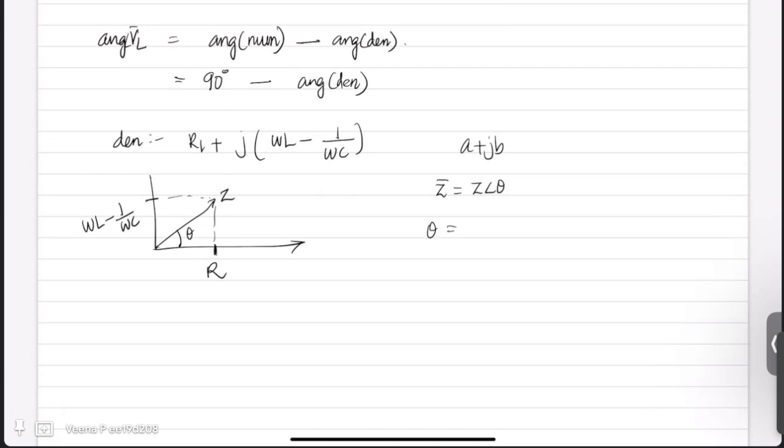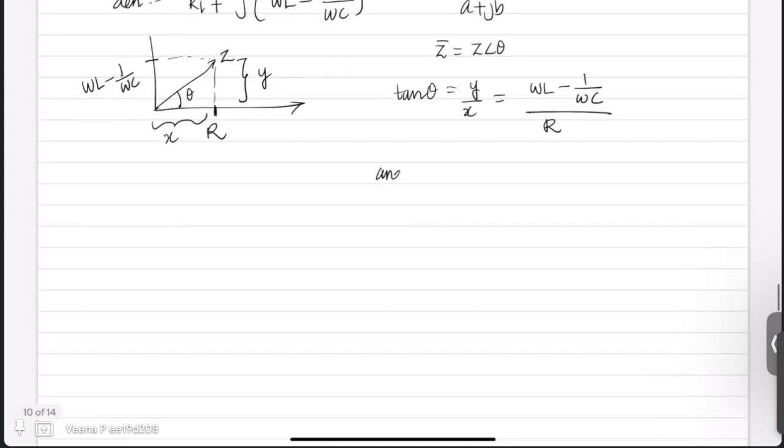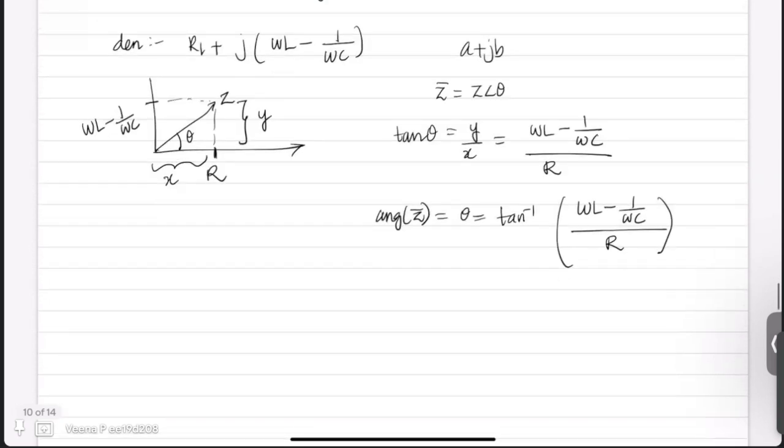So the theta, if you want to write tan theta, is opposite side by adjacent side, which is say y and this is x. So tan theta is y by x. Now y is nothing but omega L minus 1 by omega C. X is nothing but R. So the angle of impedance is theta, which is tan inverse of omega L minus 1 by omega C, the whole divided by R, which is nothing but your angle of denominator.